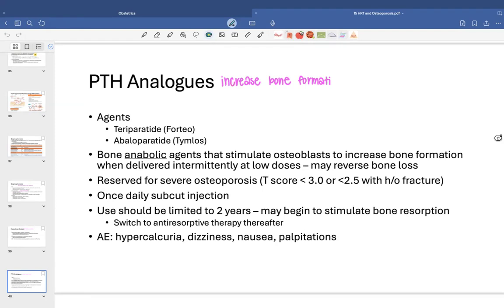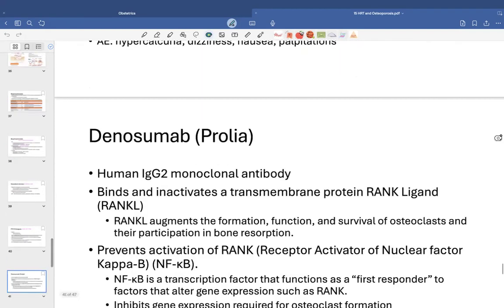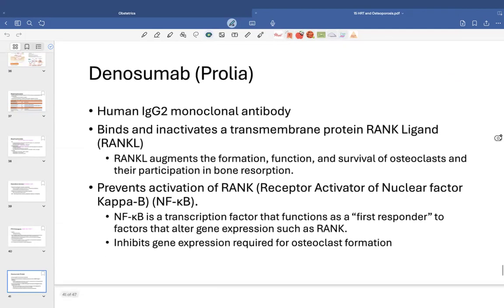Another injectable drug is denosumab, or Prolia. This is an IgG2 monoclonal antibody directed against the transmembrane protein called RANK ligand, RANKL.